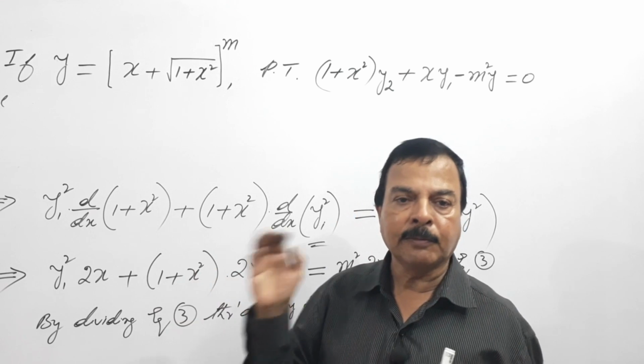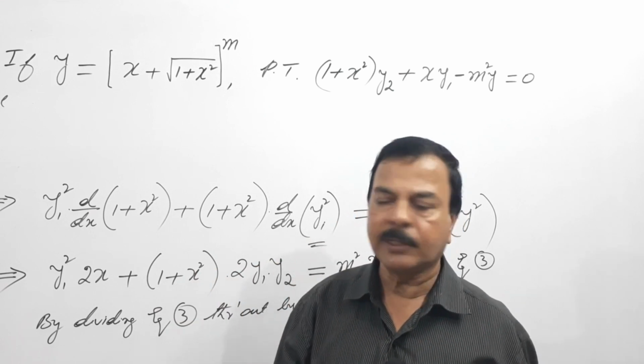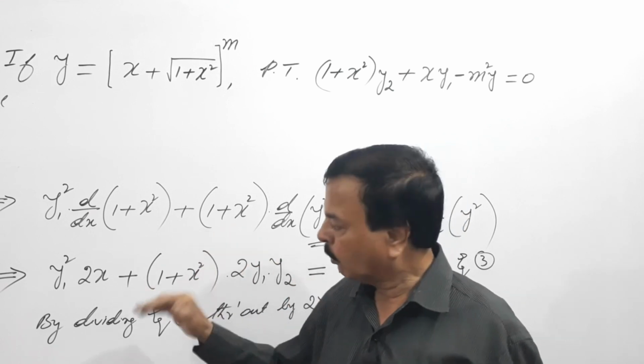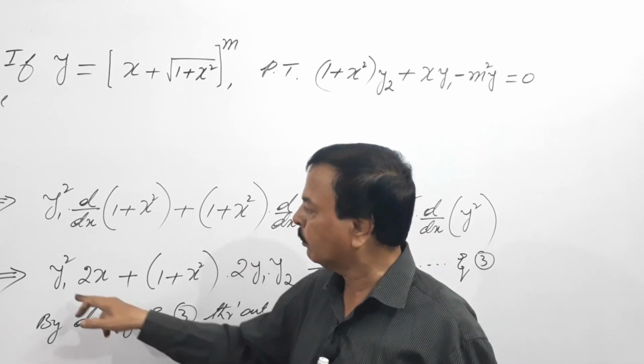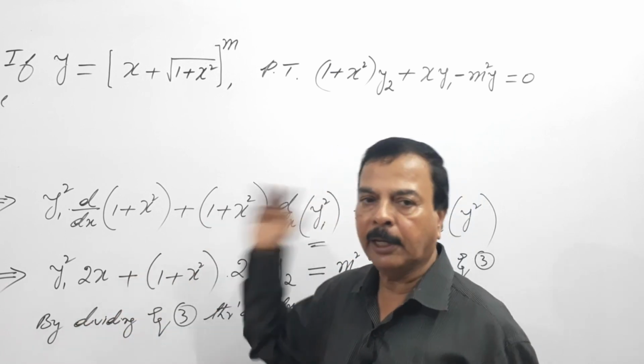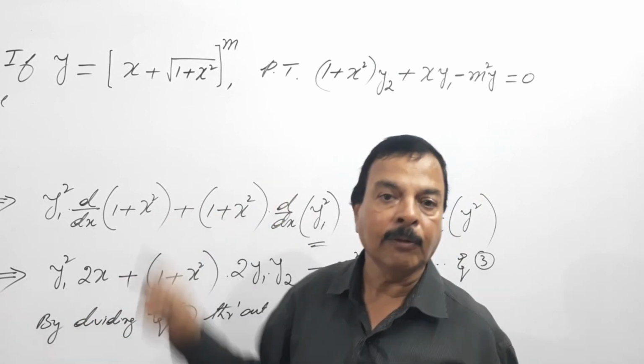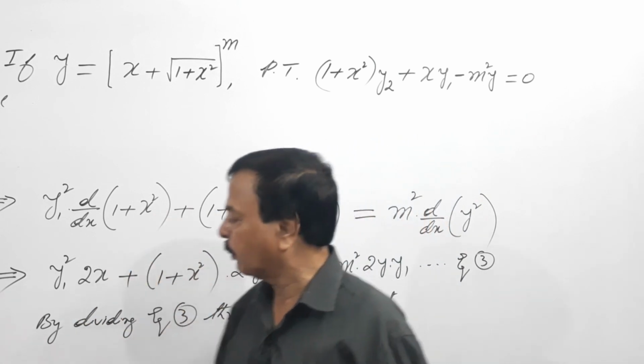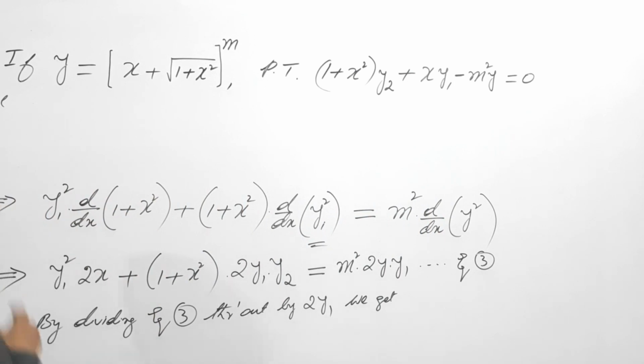For the benefit of average and weak students, I would like to go step by step. So I divide throughout by 2y1. I can definitely calculate mentally and cancel it, but some students will not understand, so for their benefit I am going to write this out. I will rewrite it like this.